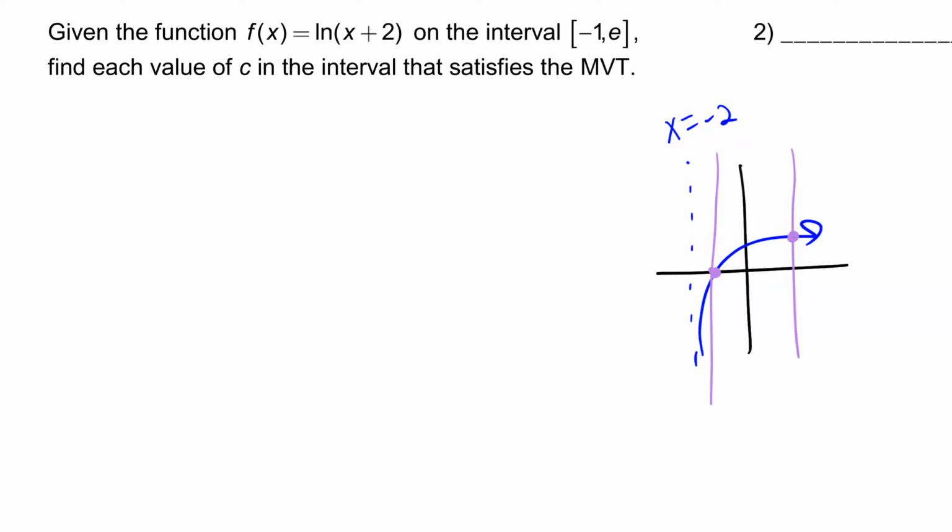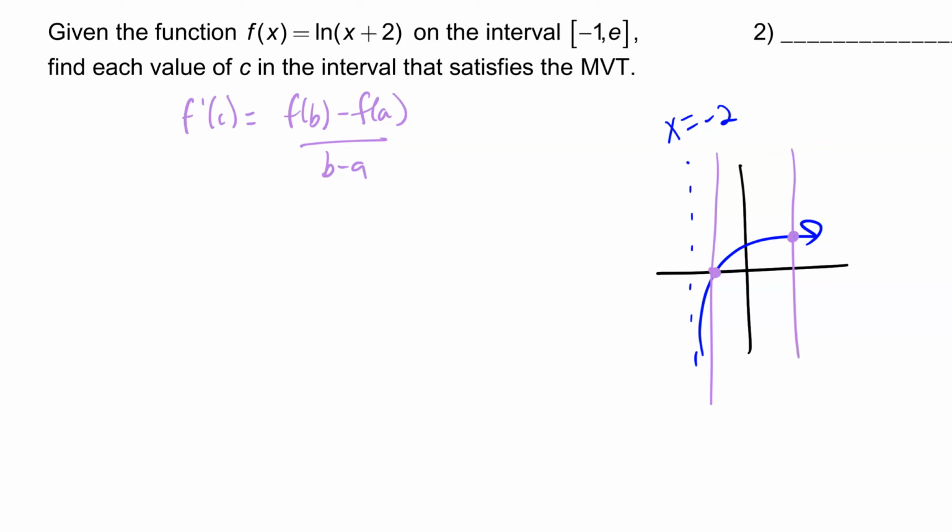That means the average slope between my 2 points has to equal the instantaneous slope, the derivative at a single point. So the way we do this, let me write out the equation. We have f prime of c is equal to f of b minus f of a over b minus a. Hopefully this part takes you 5 seconds to do, and this formula is something that you memorize.